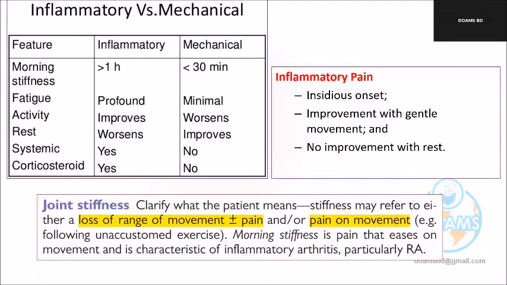So this is not stiffness by definition, and gelling usually will be less than 30 minutes. So during the evaluation of the patient, the duration of the stiffness is also important, as well as the diurnal variation, which means the morning stiffness is very important.